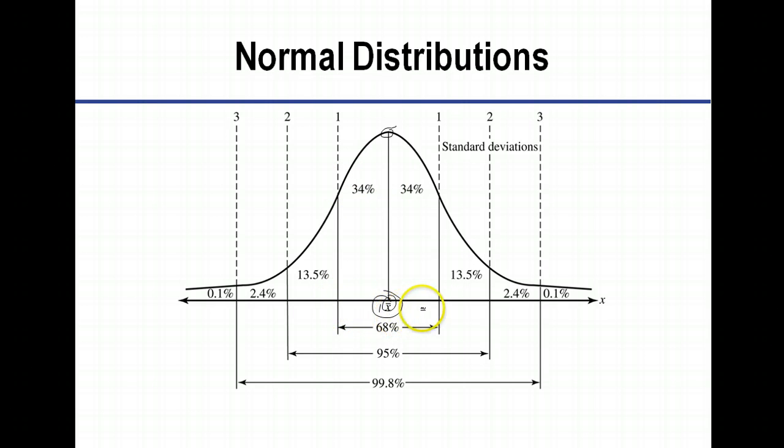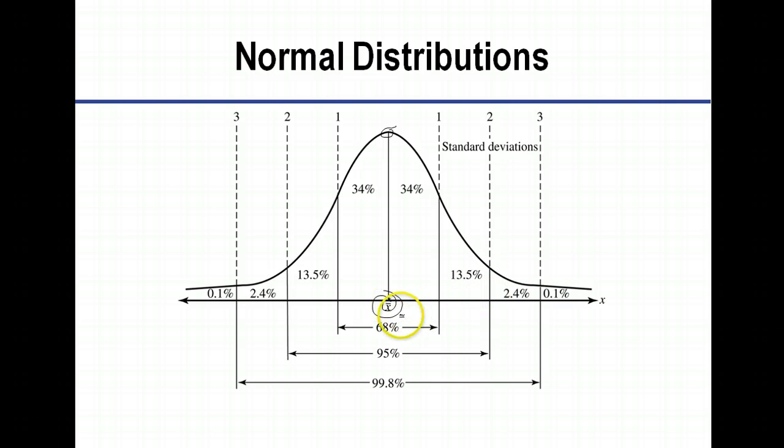Test scores are a perfect example of this. If you had a mean test score of 75, then you could say 34% of your test scores would be between 75 and 80, and 34% would be between 70 and 75, because the standard deviation was 5, just for example. The rest of the percentages represent more of the test scores being contained between 1 and 2 standard deviations.